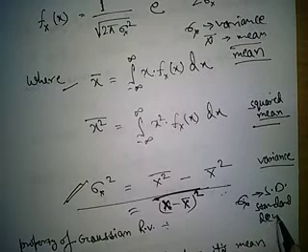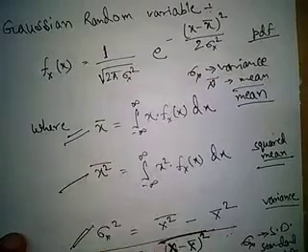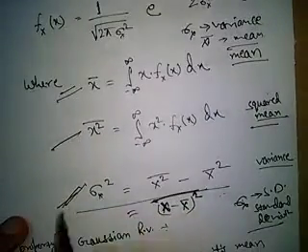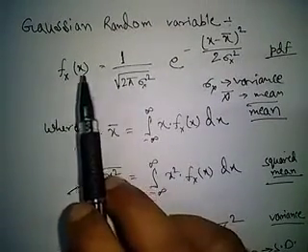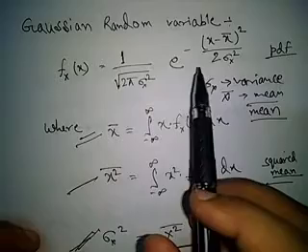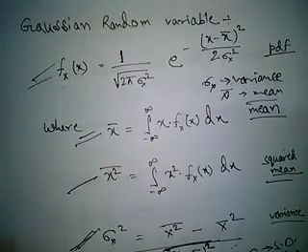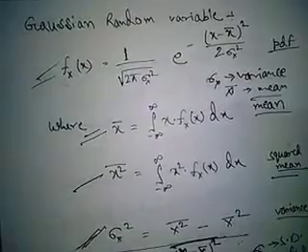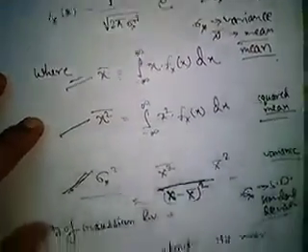So here we know how we can calculate the mean, how we can calculate the squared mean, how we can calculate the variance, and where we will use these in writing this Gaussian random variable. So here is the formula of the Gaussian random variable. And now the question is how the PDF function of the Gaussian random variable looks like.